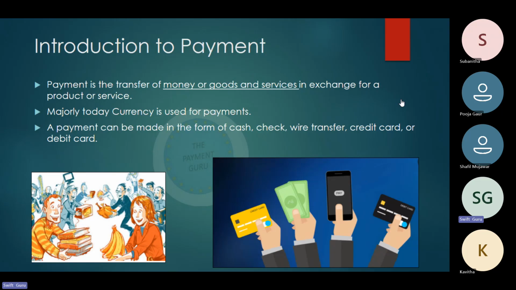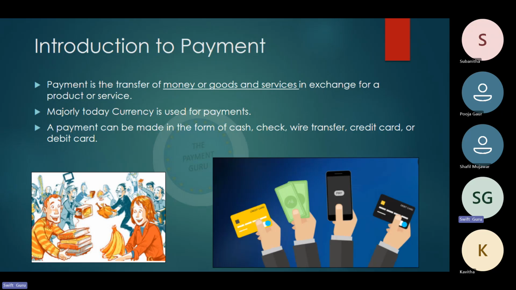So just hold on for one or two classes, because I'll be trying to clear all the basics related to the payments domain, making your base strong on the payment side, and then gradually we'll move ahead to Swift payments and RC2022. So let's start with some basics.